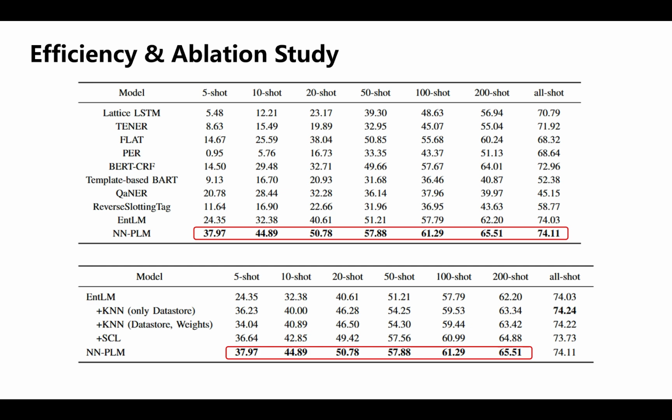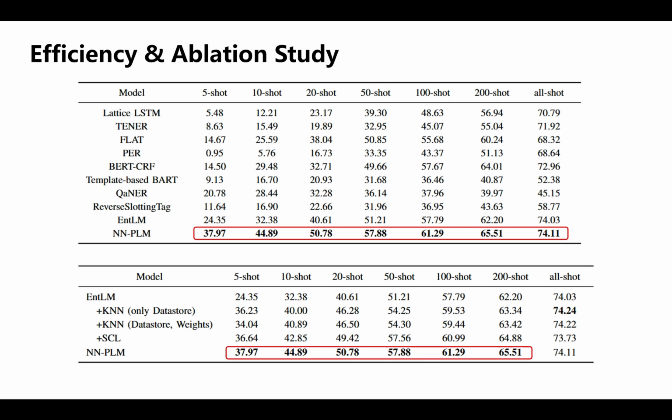In addition, we ablate the NEN module and SCL objective to validate their effectiveness. NEN-only data store means only using the data store in the NEN module and is described by alpha1 in the weights. Then, NEN data store weights denotes using the data store and weights in the NEN module without scale.